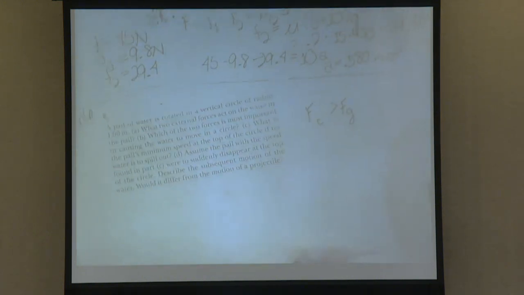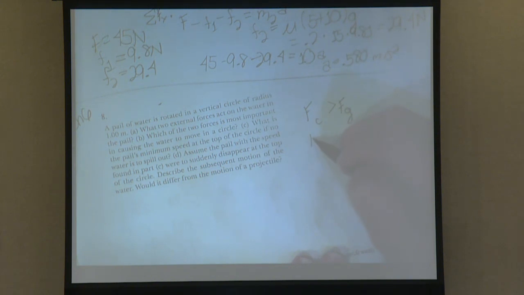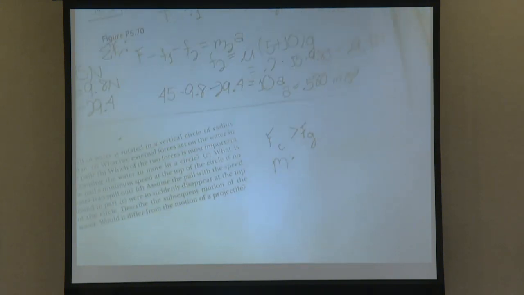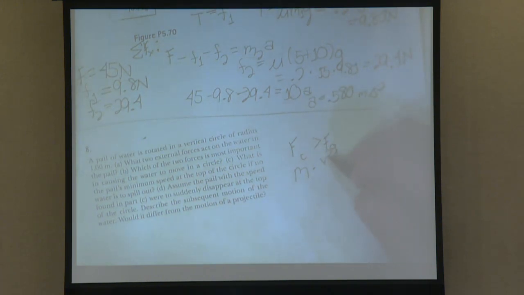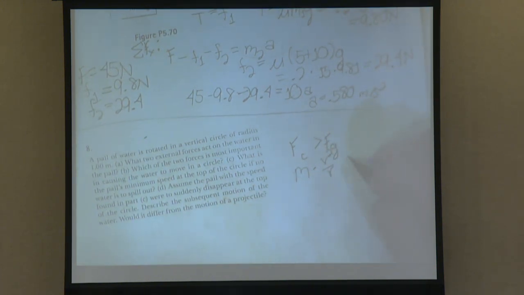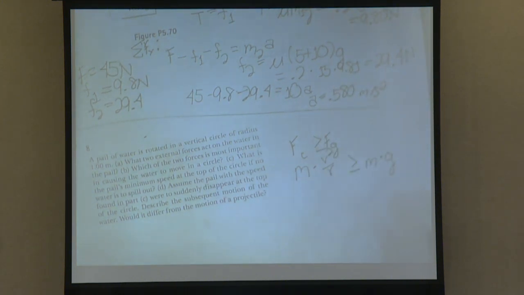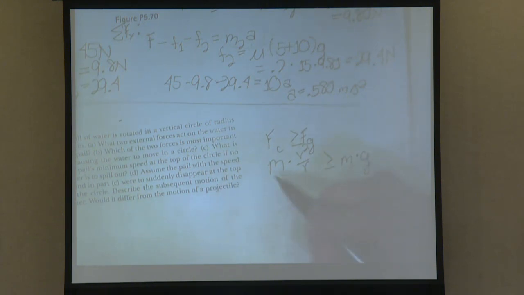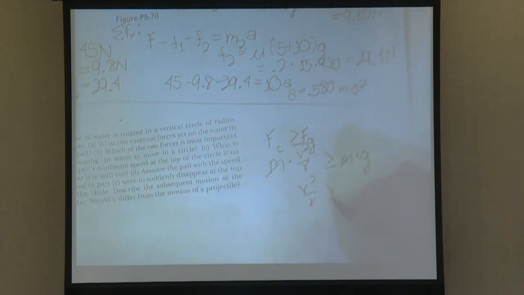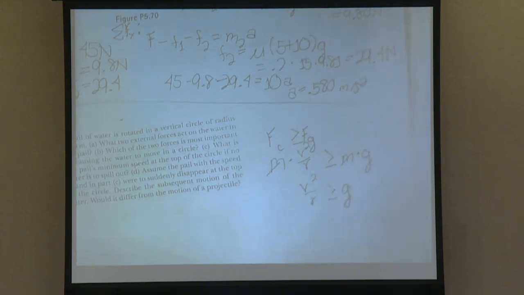Our centripetal force, since force is mass times acceleration, is our mass times, and if you remember, our centripetal acceleration is v squared over r. That has to be greater than or equal to our mass times gravity. We can cancel out masses, and v squared over r is greater than or equal to the force of gravity.